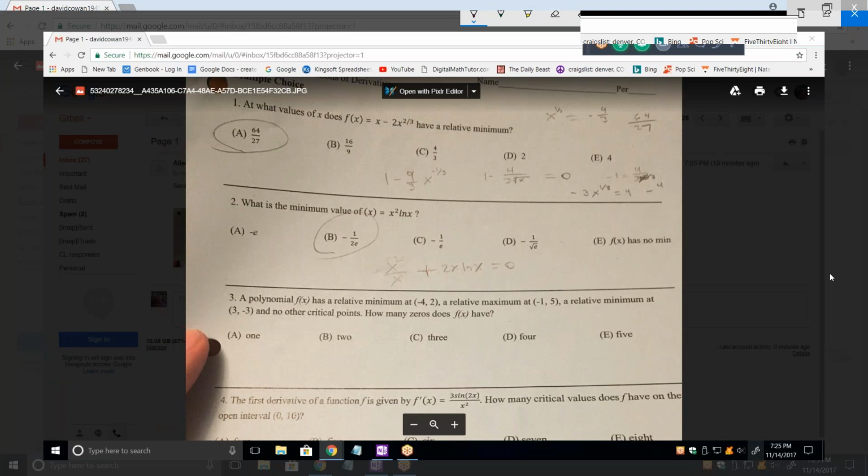It's amazing what the difference between what and where is in calculus. In other words, we found out that the minimum occurs when x equals 1 over e to the 1/2. So if I plug that in there, then that'll tell me what the minimum is.